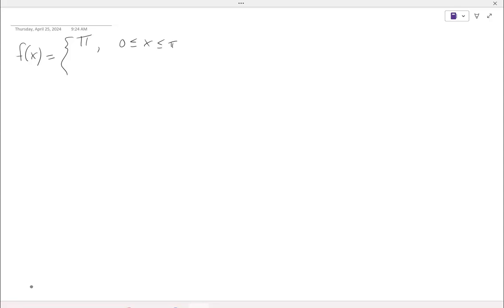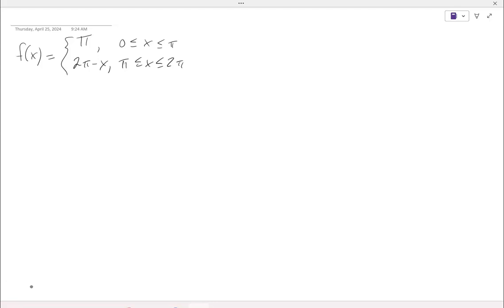And then from there, we'll slope down. So let's say we do 2 pi minus x for x between pi and 2 pi. And when I write this down, I'm assuming that I'm writing down one period of the function so that it will repeat over and over again.